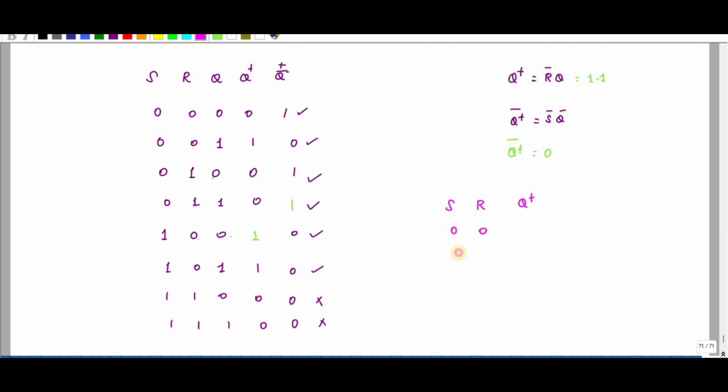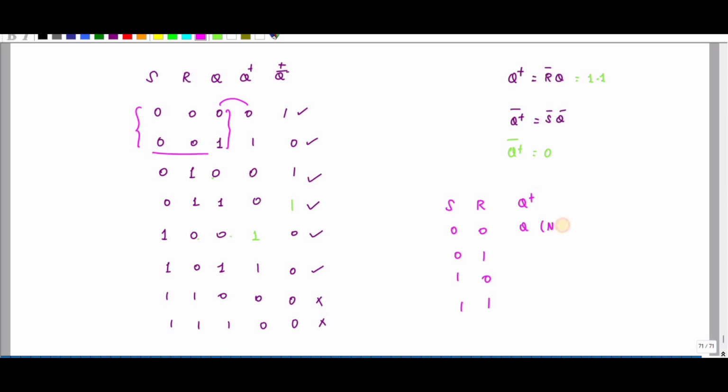So for 0 0, 0 1, 1 0 and 1 1. So for these two conditions, when q is 0 and q is 1, for these two conditions, the q plus is nothing but q.